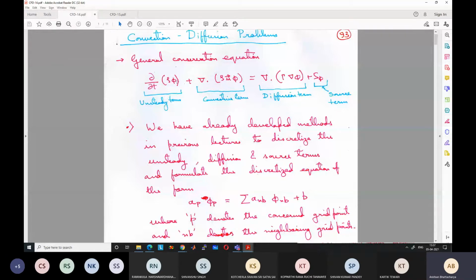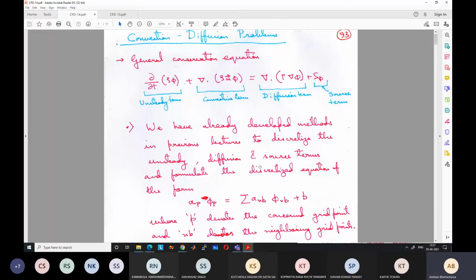So in this chapter we have started discussing how to discretize the convective term. The ultimate aim is to obtain an equation of this form: AP phi P is equal to the summation over all the neighboring cells ANB phi NB plus whatever additional source terms are there in the term B. Ultimately we want to derive an equation of the same form as our diffusive problem, so we will be able to use the same solution algorithms like TDMA for solving the equations.